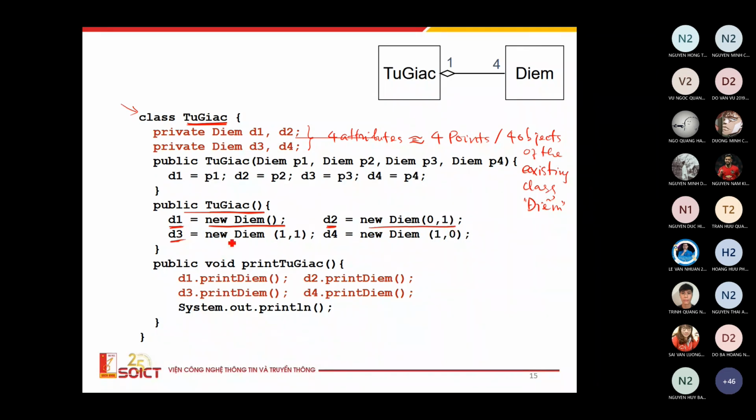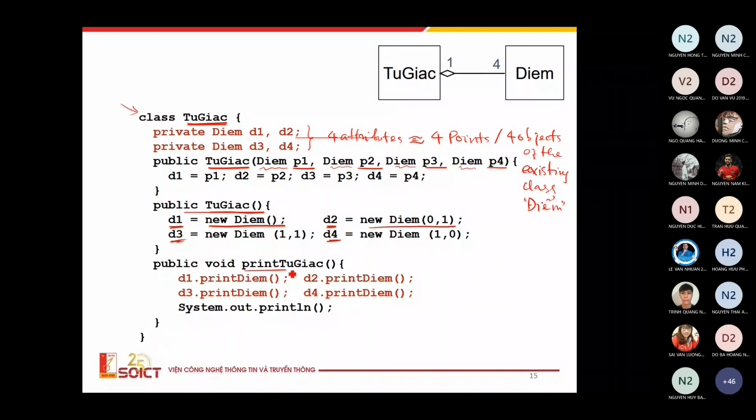Okay, and the same for D3 and D4. Or you can create a new object of the cut angle with P1, P2, P3, and P4 as the input parameters, and they are all objects of the existing class.